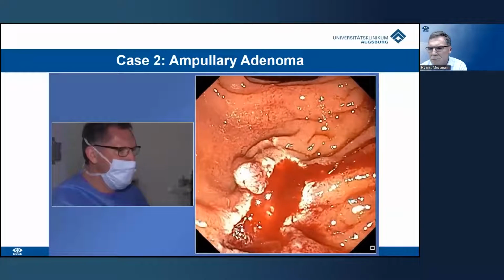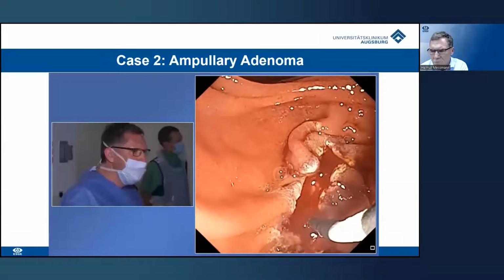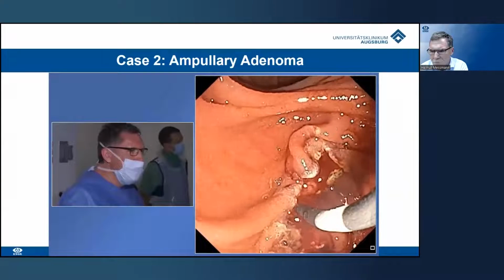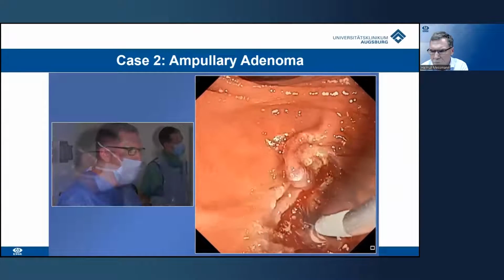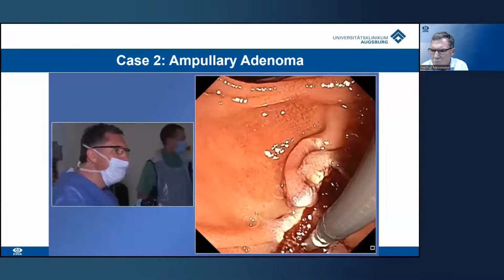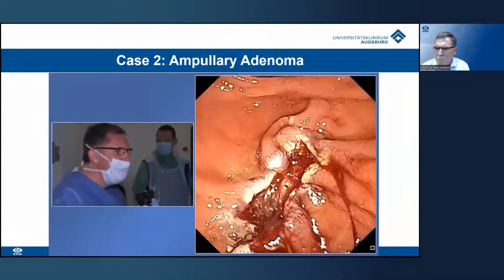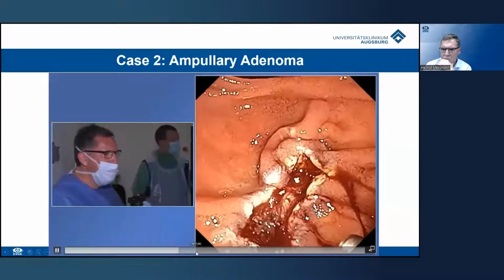So, coagulation grasper. Here is the bleeding spot. I think very well visible. And now we change to the coagulation grasper. Close. Okay, I think we got it. Out.